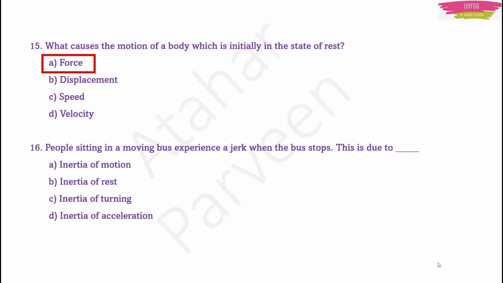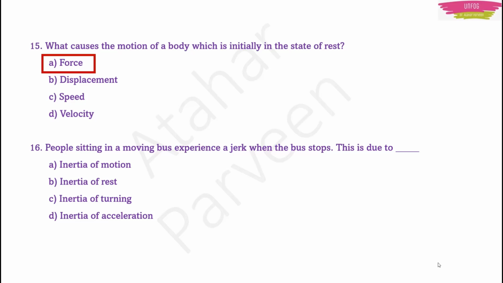Next question. People sitting in a moving bus experience a jerk when the bus stops. This is due to inertia of motion, inertia of rest, inertia of turning, or inertia of acceleration. See, inertia of acceleration you can remove, nothing of that sort exists. Inertia of turning applies only if the bus is turning, and here they are not saying the bus is turning, right?